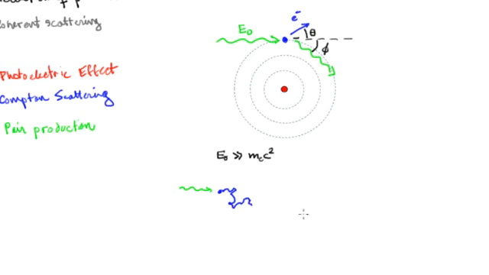As it does this, it can also create other photons in the process, because when a charge is accelerated, it creates a photon that is called Bremsstrahlung. The electron continues to scatter until it slows down and stops. And along the way, it can produce other Bremsstrahlung photons.